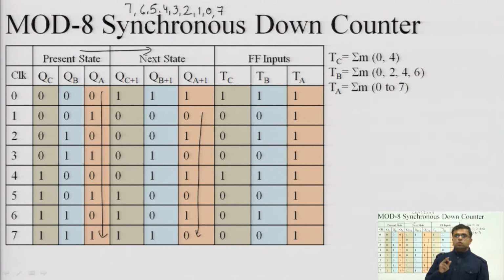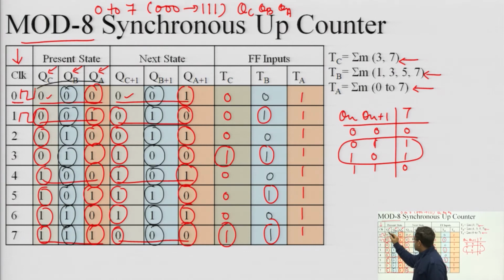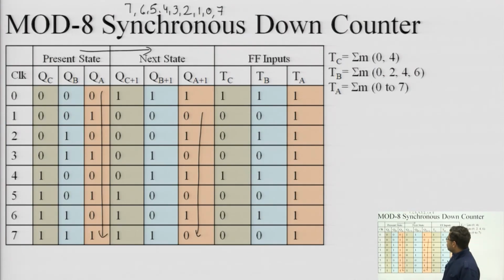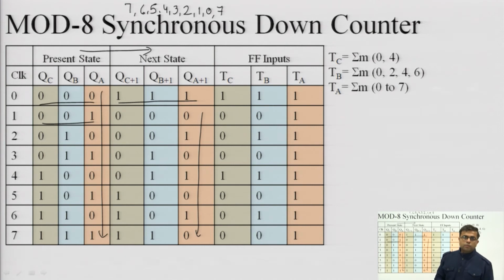In an up counter, for 0 the next state was 1. You can check in the slide that for 000 the next state was 001, but in a down counter the next state of 000 is 111, that means 7 is the next state of 0. Similarly, the next state of 1 will be 000.